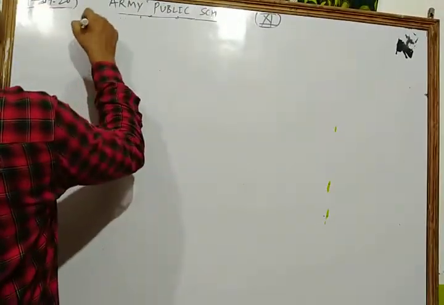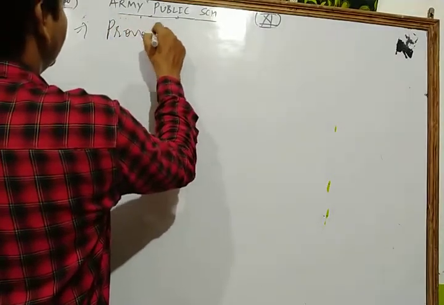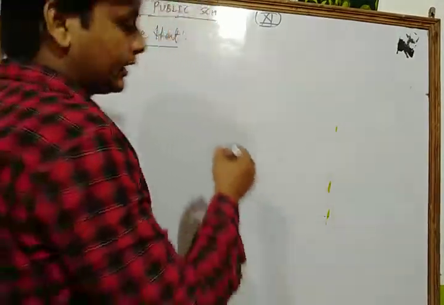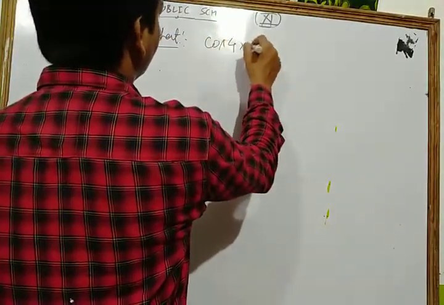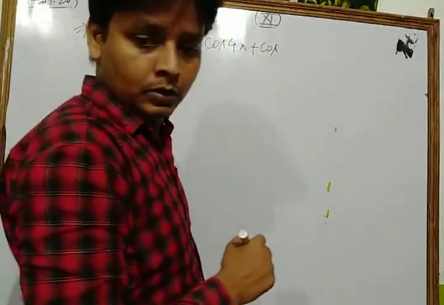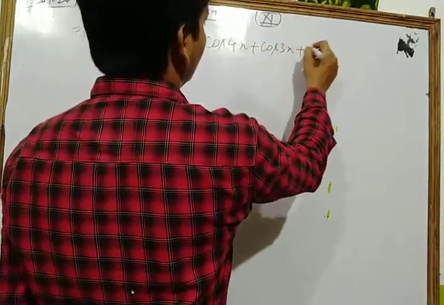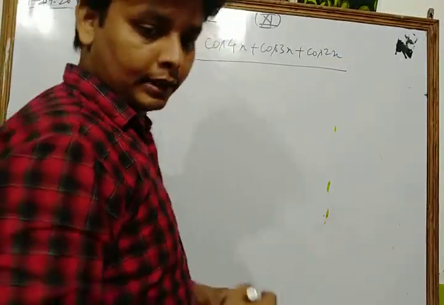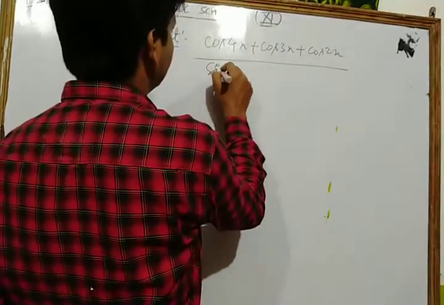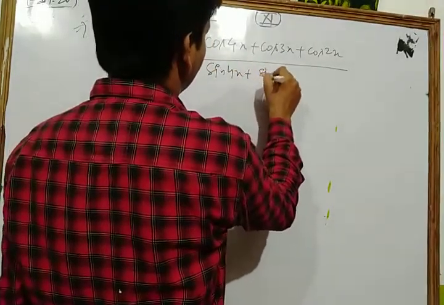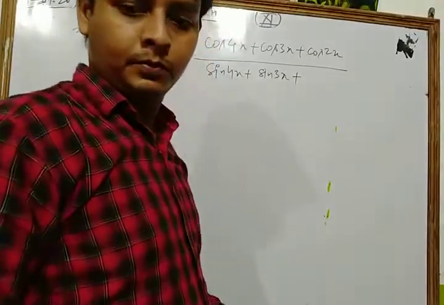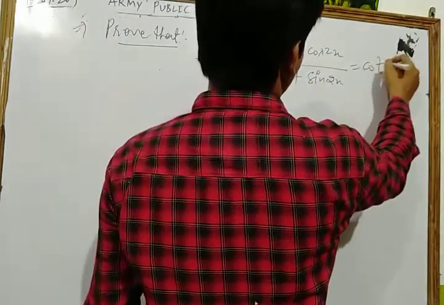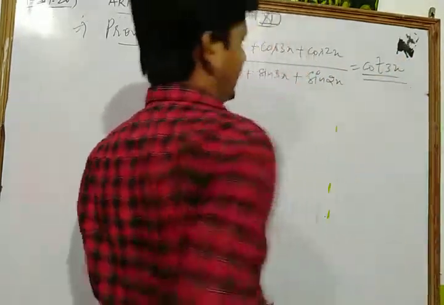Prove that (cos 4x plus cos 3x plus cos 2x) upon (sin 4x plus sin 3x plus sin 2x) is equal to cot 3x.